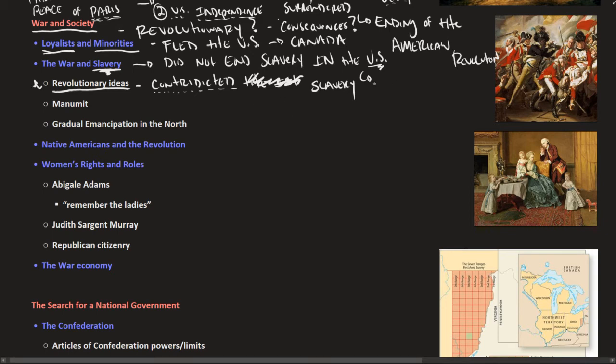So, for example, after the ending of the American Revolution, the northern states, and again, they're states now, not colonies, because the revolution was successful, the northern states gradually abolished slavery. It was only in one state or two states? One state, I believe.